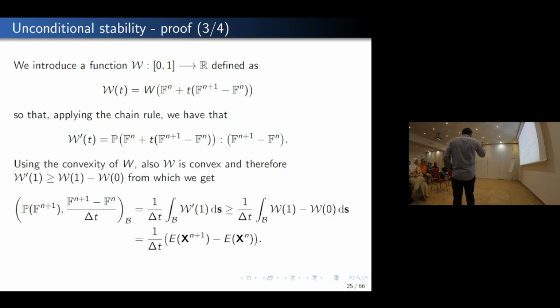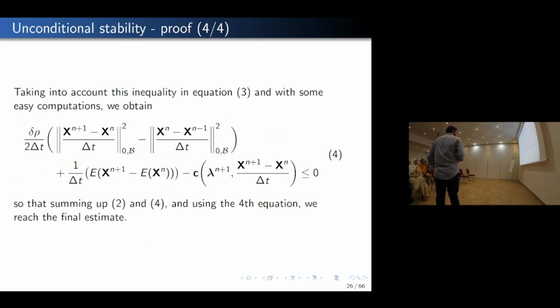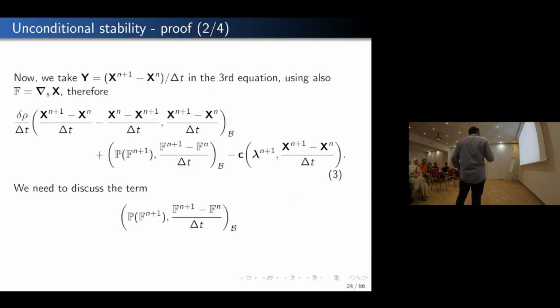And using the convexity of W, we have also that calligraphic W is convex. And this means that this holds true. And applying this inequality with some easy manipulation, we get this other term.